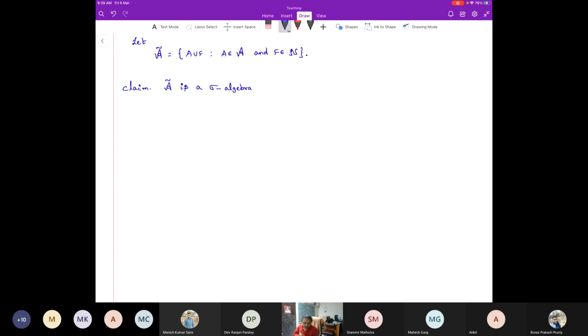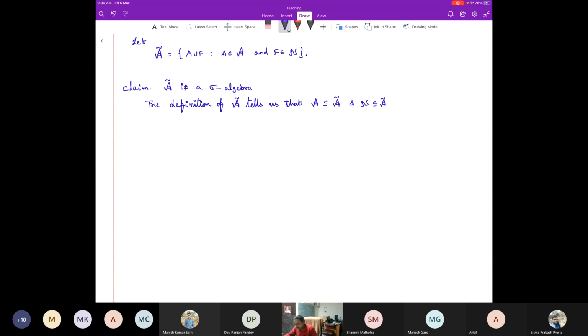First observation: it is a consequence of how you define A tilde. It tells us that A is contained in A tilde and N is also contained in A tilde.